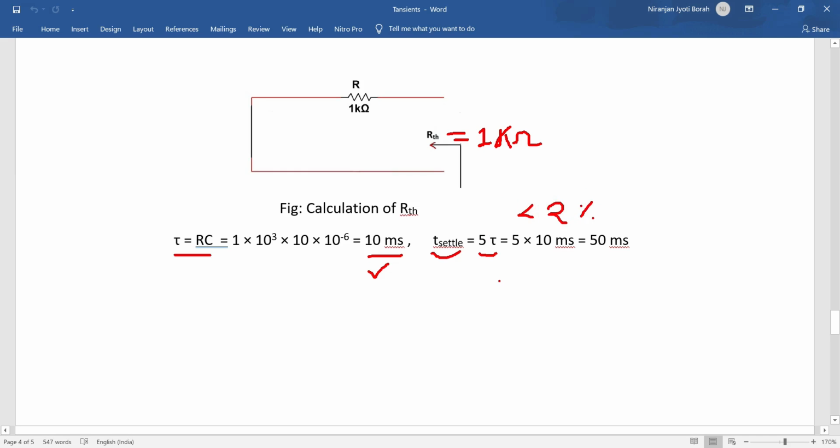You need to remember that in the network theory subject, we take the settling time to be equal to 5 times the time constant, whereas in the control system subject, we take the settling time to be 4 times the time constant.